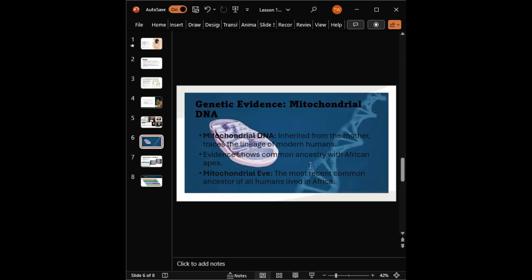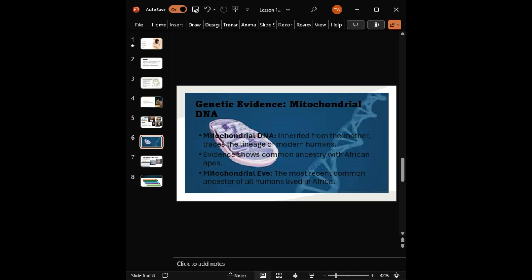Now, let's talk about the genetic evidence. Mitochondrial DNA is passed down from mother to offspring, and scientists have used it to trace human ancestry. That's why we term it mitochondrial DNA.